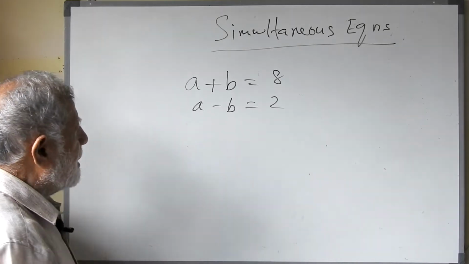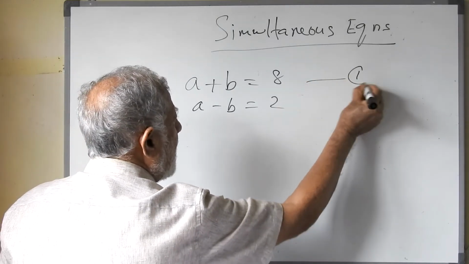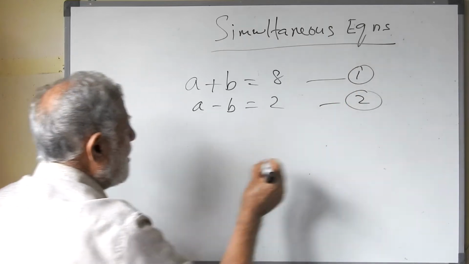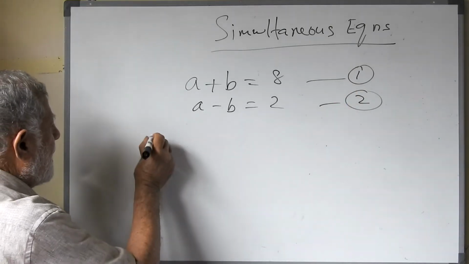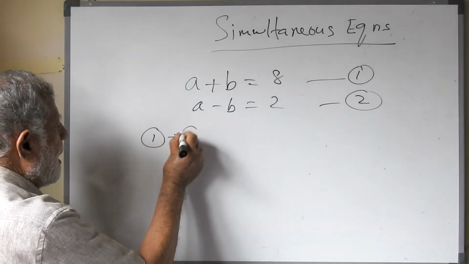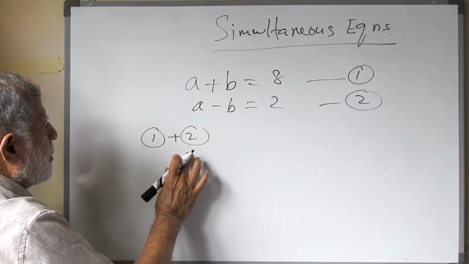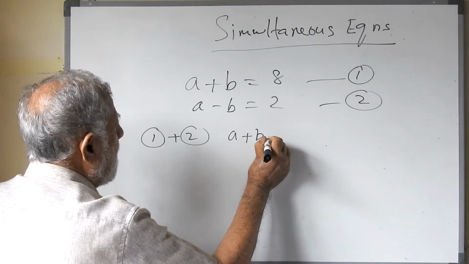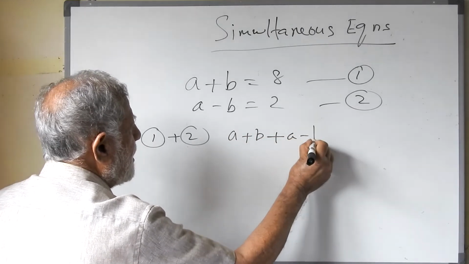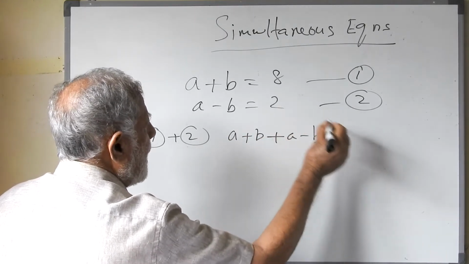So supposing we call this equation 1 and equation 2. Supposing we add the equations. We write it as 1 plus 2. 1 means equation 1, 2 means equation 2. We add. So A plus B plus A minus B is equal to 8 plus 2, 10.